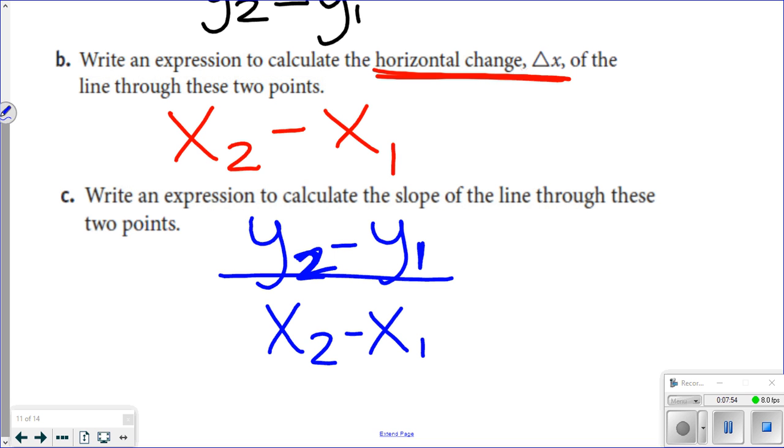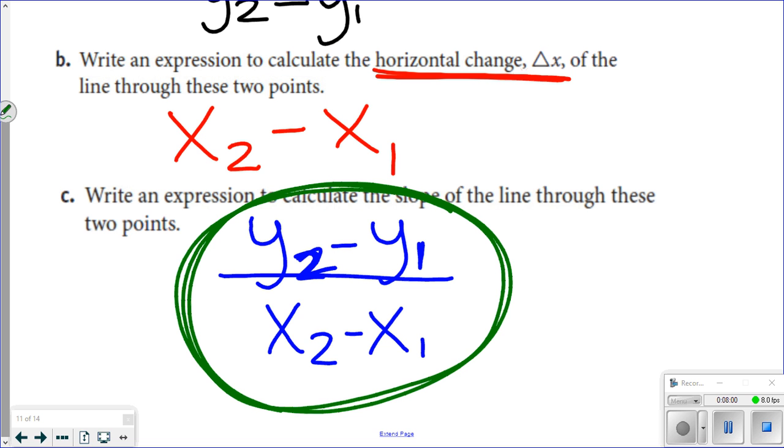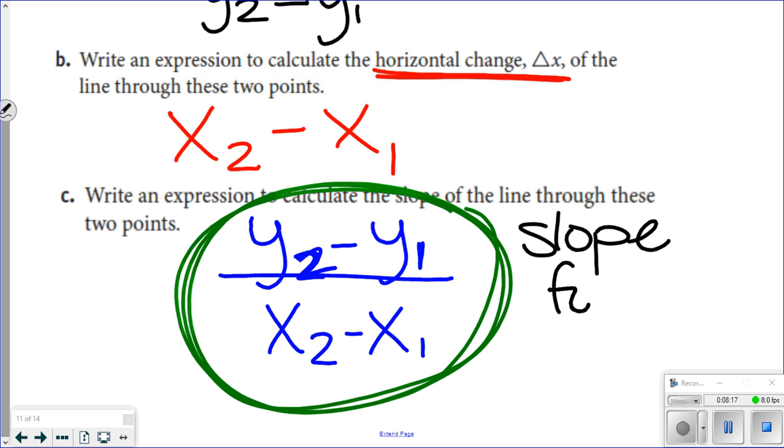Second points minus the first points. So you are going to write this slope formula everywhere. Even put it on a sticky note if you need to. Move it from page to page. y2 minus y1 divided by x2 minus x1. This is our slope formula. It would be posted all over my room if you were sitting in my classroom.